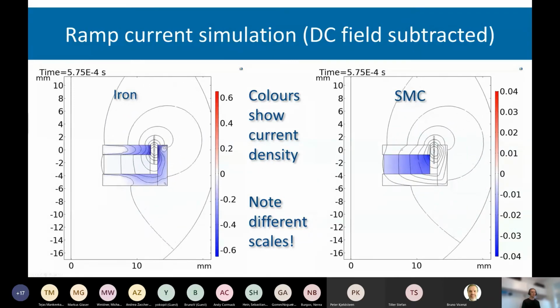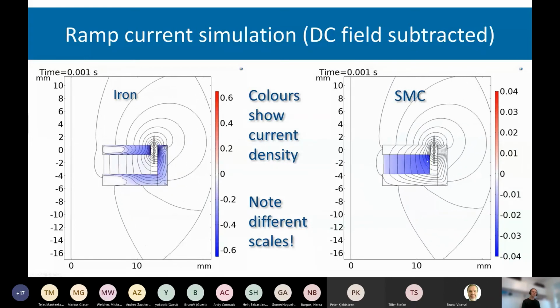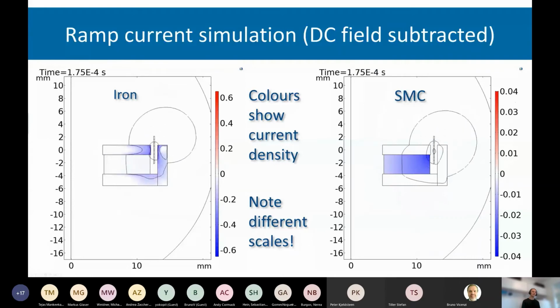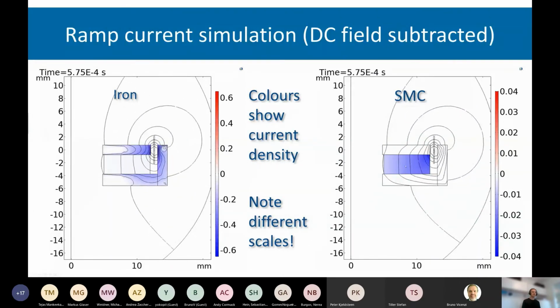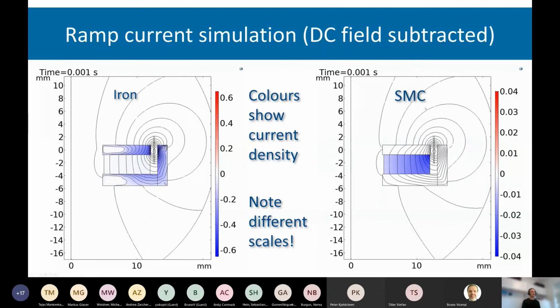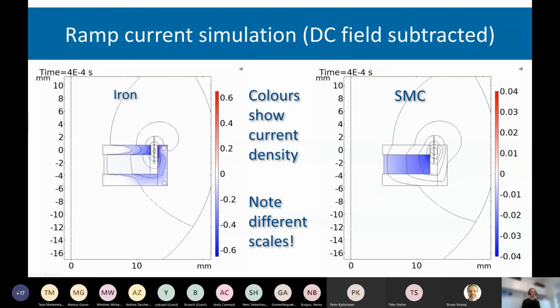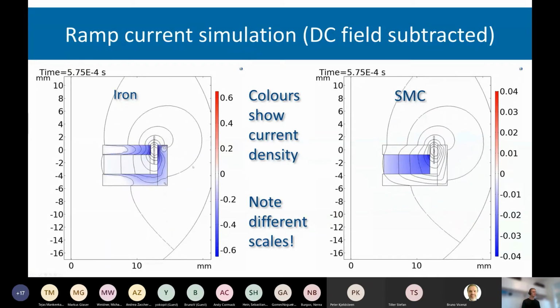The SMC material is here, and here. The colors now show the current density in the parts. To make it visible, in this simulation we have subtracted the DC field.